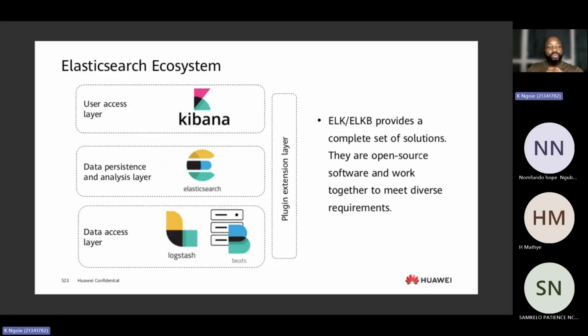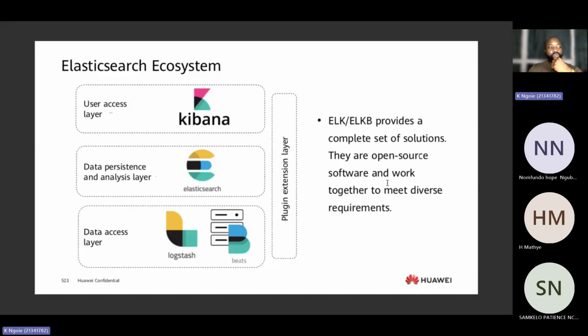The ecosystem of Elasticsearch: how the user accesses the system. We have the user access layer, which is called Kibana. You have the data persistence and analysis layer, and then you have the data access layer, Logstash.